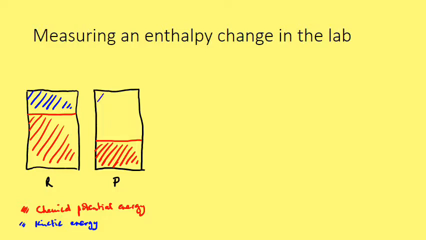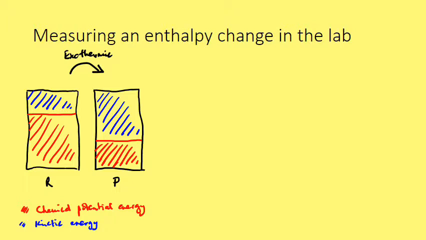We've not created or destroyed any energy, which means that the kinetic energy of the products is higher than the kinetic energy of the reactants, and that manifests itself as a higher temperature. So I'm going to write down a reminder that this is an exothermic reaction, and that's what happens with regard to the energy transfers during an exothermic reaction.